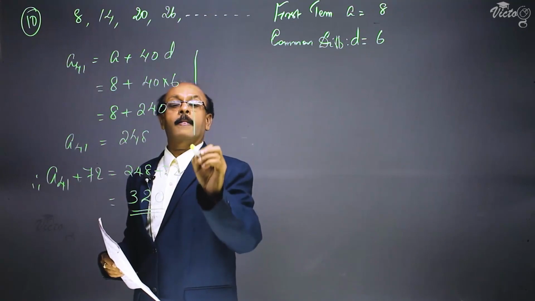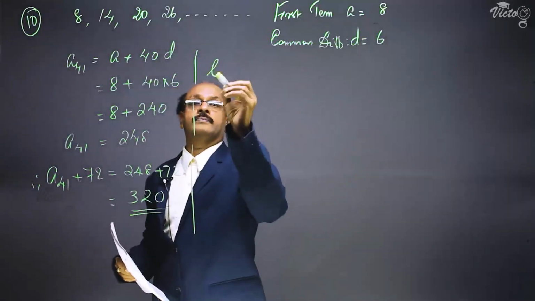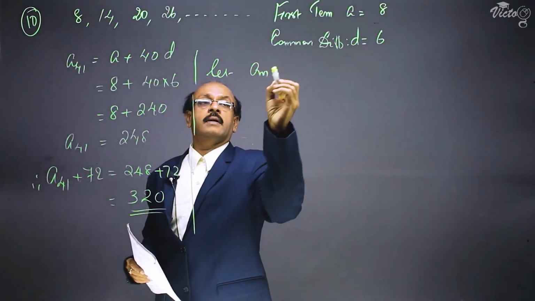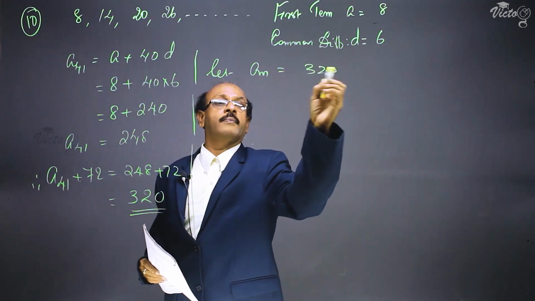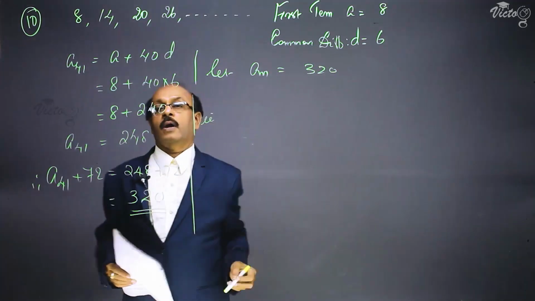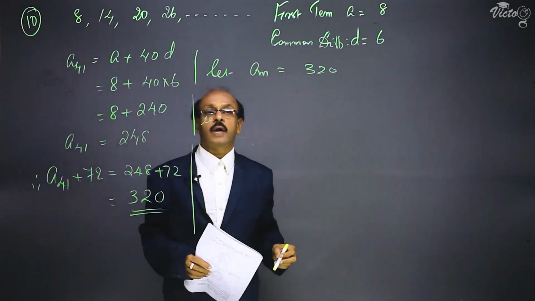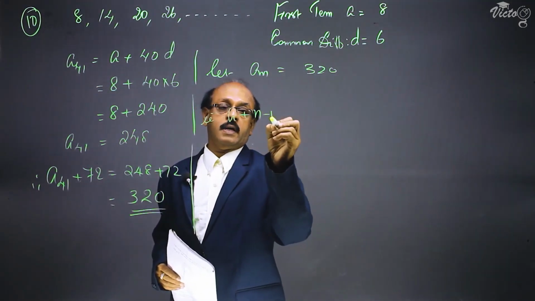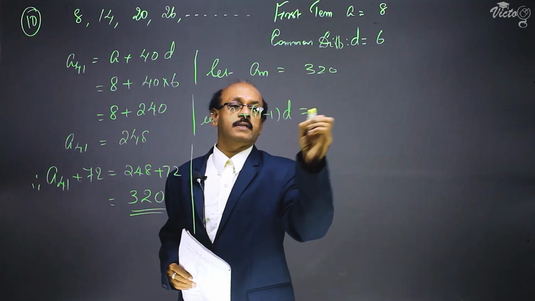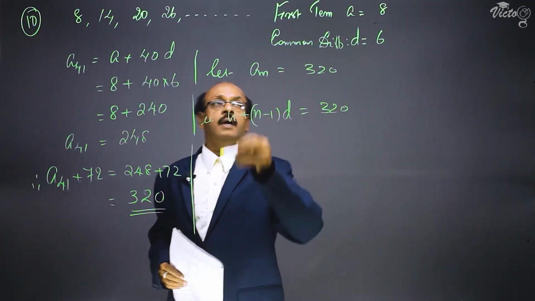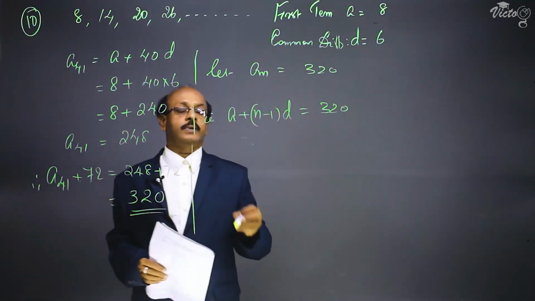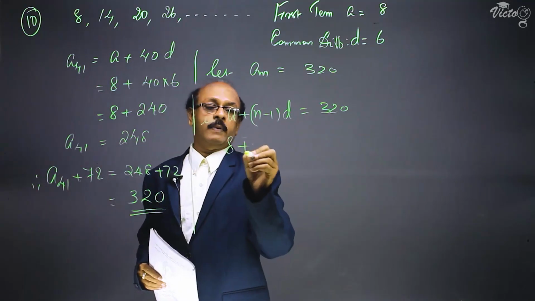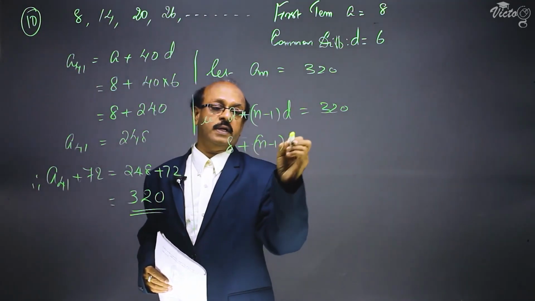Let An be equal to 320. That means the formula for finding An is A plus n minus 1 into D, which is equal to 320. Giving values, A is equal to 8 and D is equal to 6.